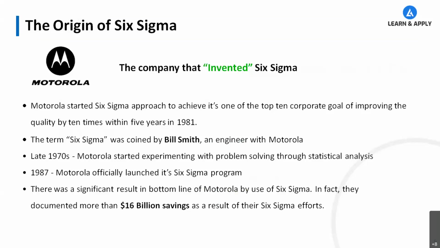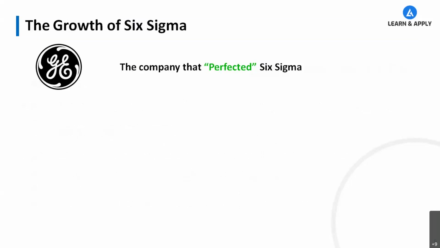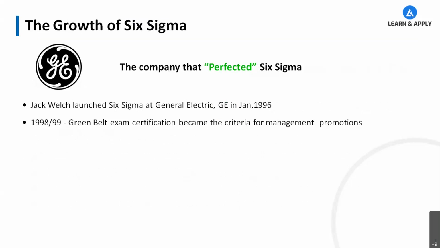After the genesis at Motorola, the next part is how it got perfected and how it got the form that we see today as Six Sigma. There is a role for General Electric in that. Jack Welch launched this program in GE in January 1996, and with that they focused all their business activities, the whole company, on this Six Sigma approach.